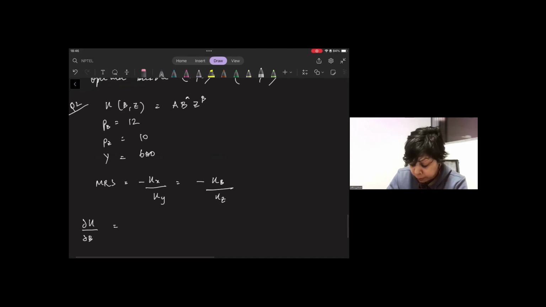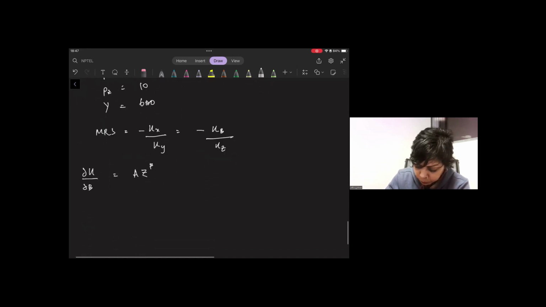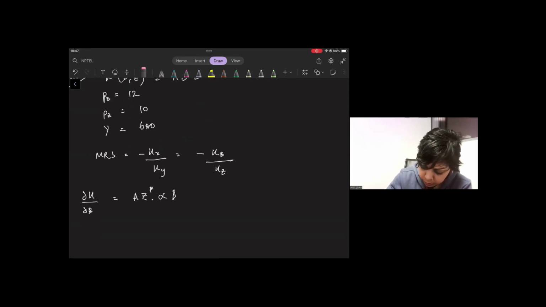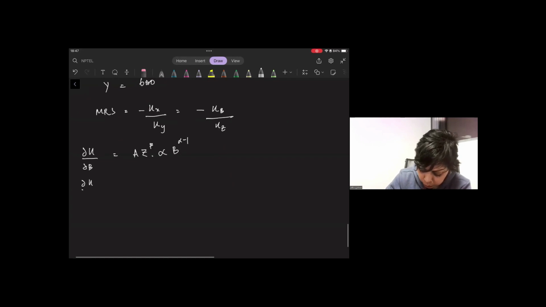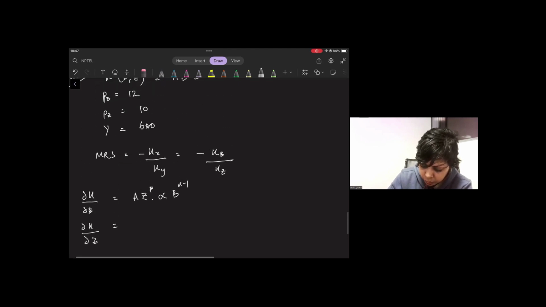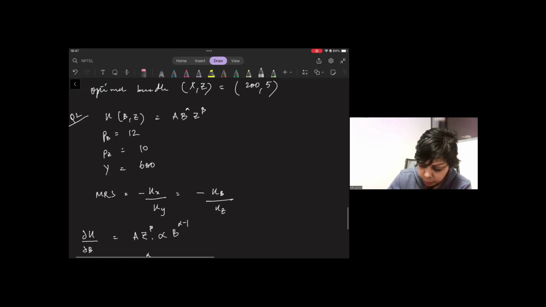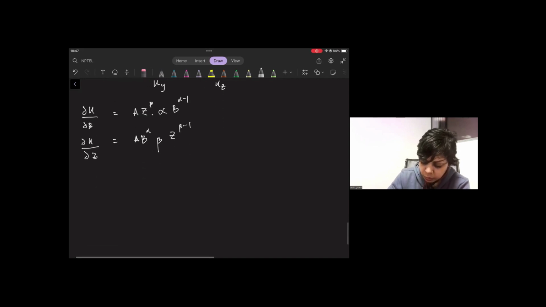So A alpha B to the power of alpha minus 1 and Z to the power of beta, since A and Z to the power of beta are constant for this partial derivative with respect to B. Now let's go to the partial derivative with respect to Z. For this, A B to the power of alpha is constant, and we get beta into Z to the power of beta minus 1.